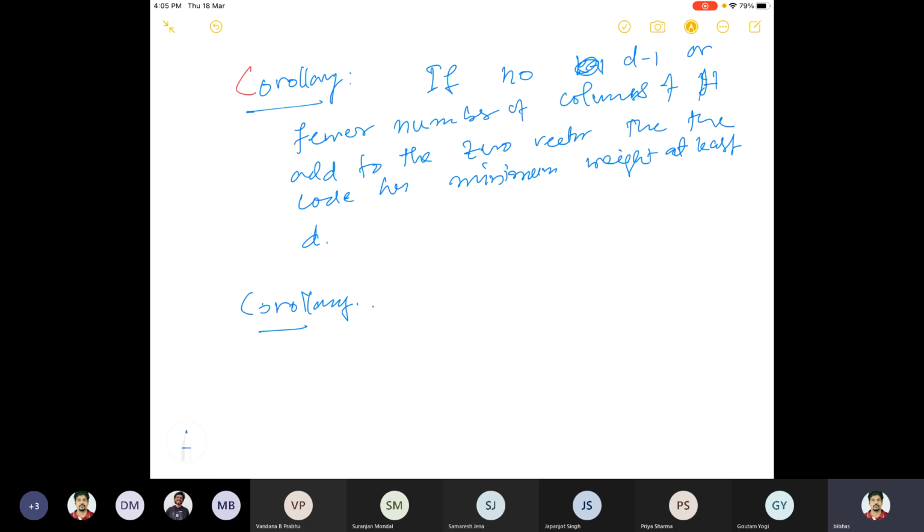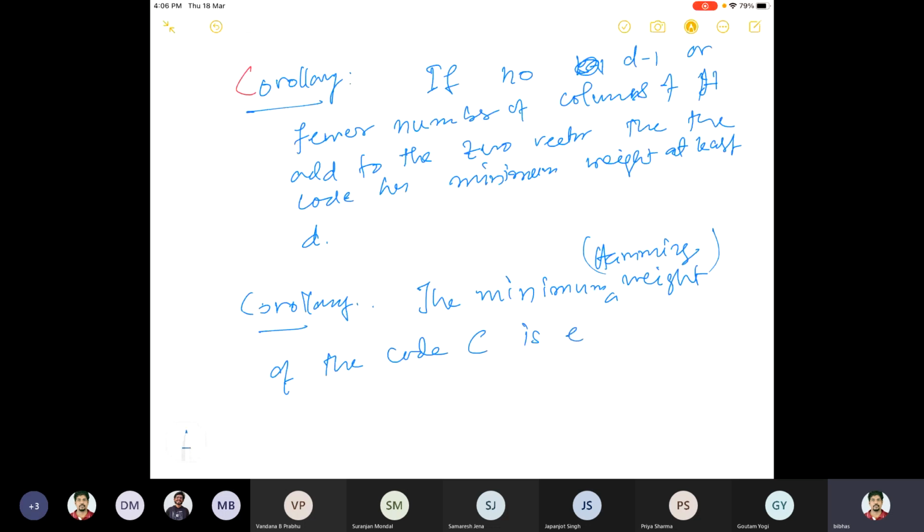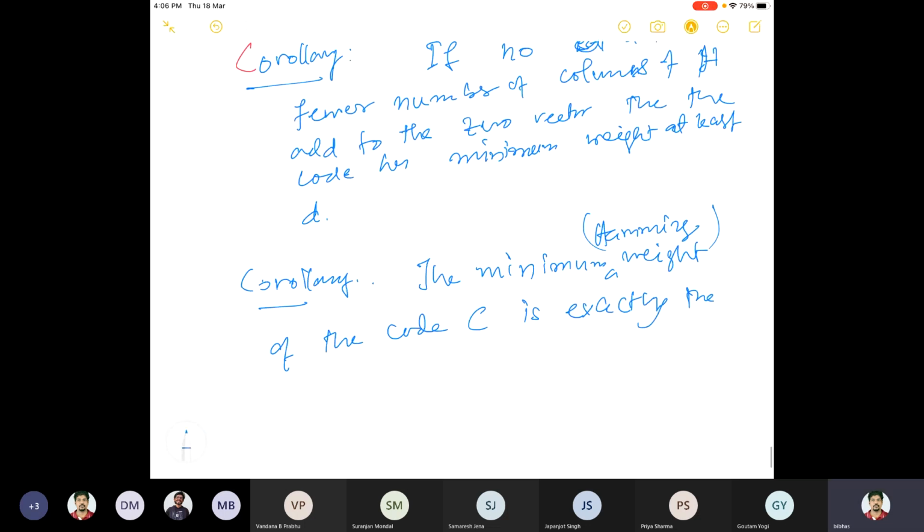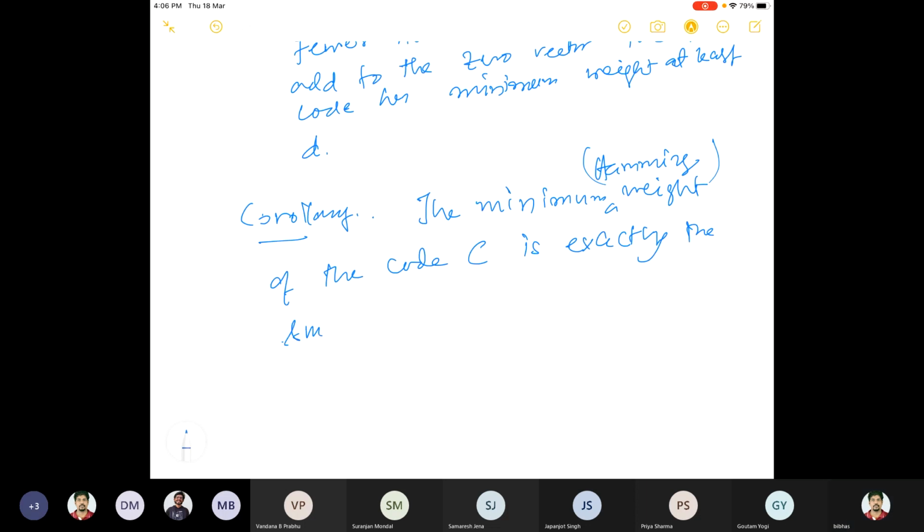Okay, so I can directly say the minimum weight, the Hamming weight, of the code C is exactly the smallest number of columns that add up to the 0 vector.